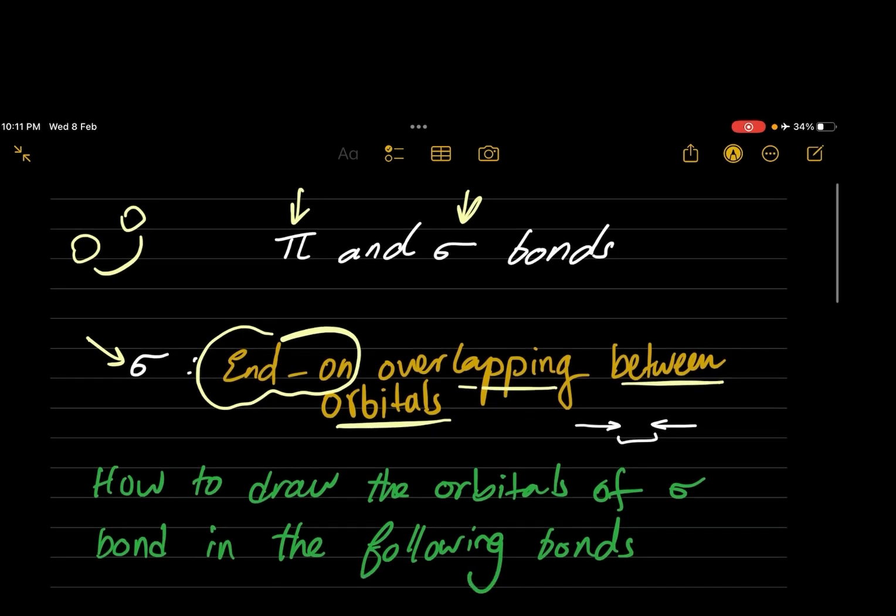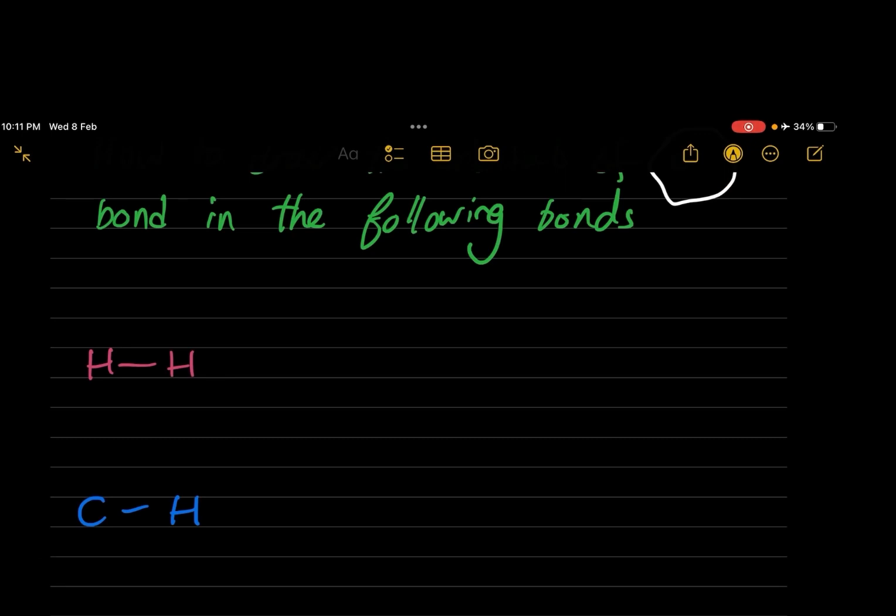If I want to describe, or let's say draw, the orbital of sigma bond in molecules, how can I do that? We're going to start with the first example, which is the simplest one, the hydrogen molecule. Remember that hydrogen has only one electron and its electronic configuration is 1s1, and the same thing here is 1s1.